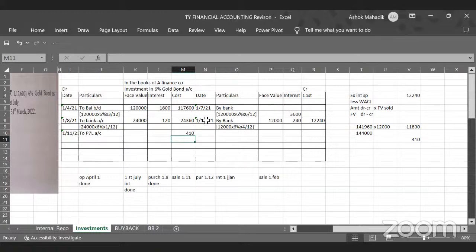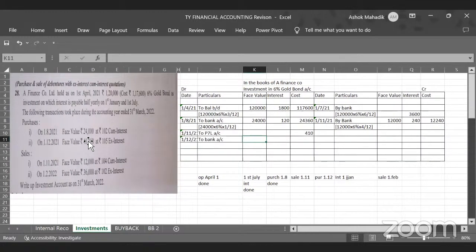So the next transaction after 1st November is the purchase on 1st December. So purchase again on the debit side. I'll put 1st December 21, to bank. Let us see the details.